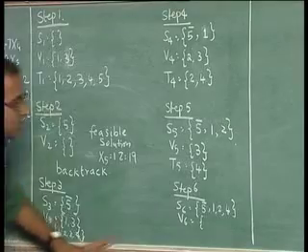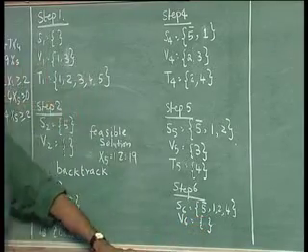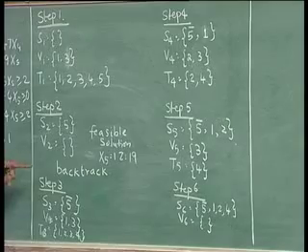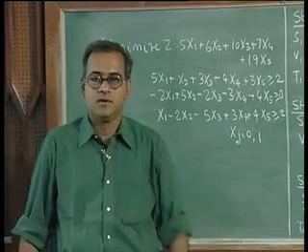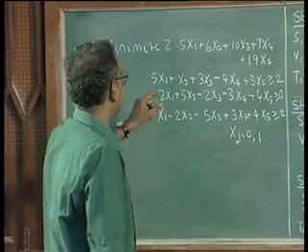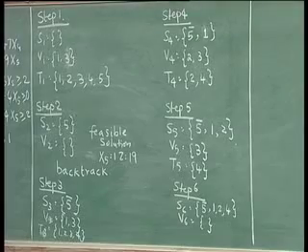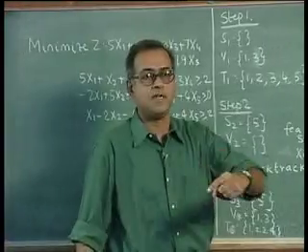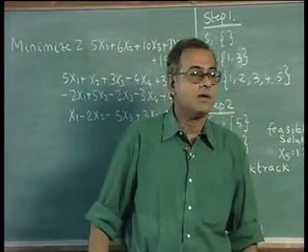So, I have a feasible solution here. I try to find out the value of the objective function for this. So, this gives me for 1, 2 and 4, 5 plus 6, 11 plus 10, 21. So, I have a feasible solution with z equal to 21.